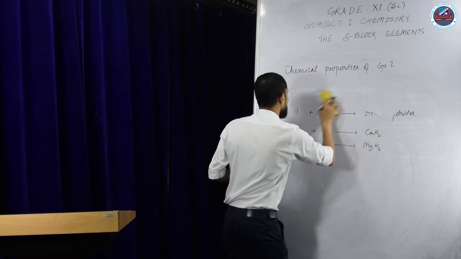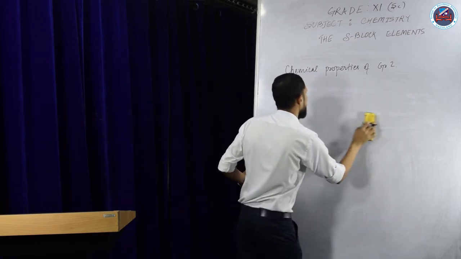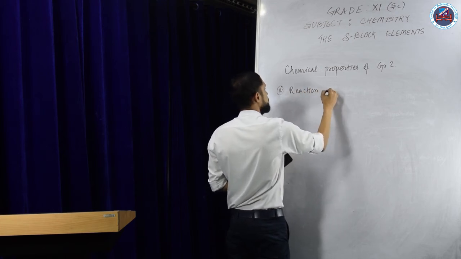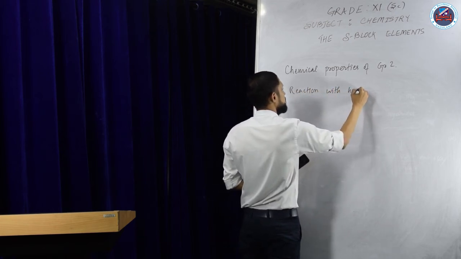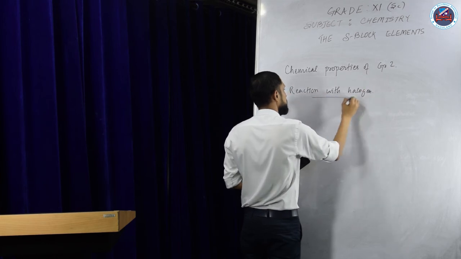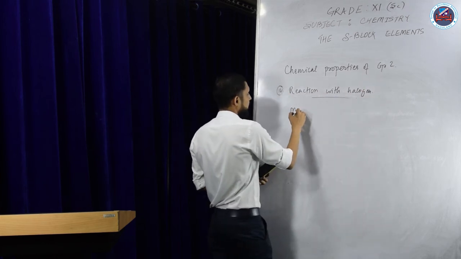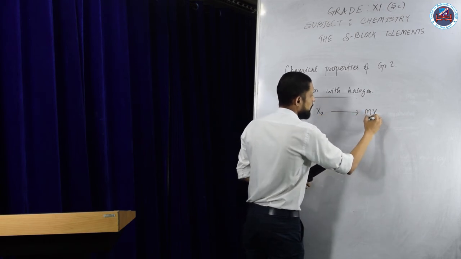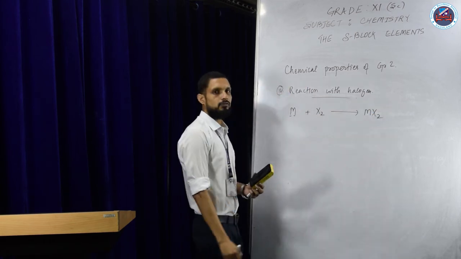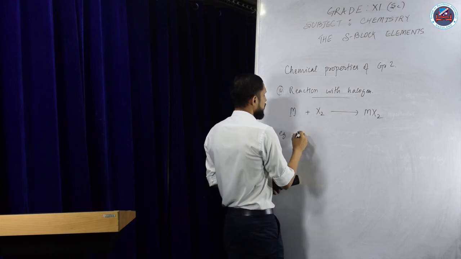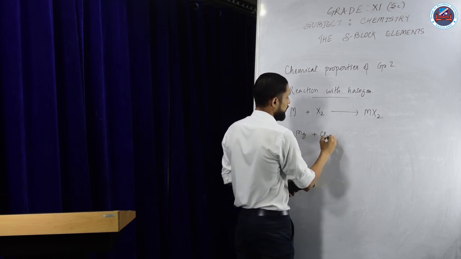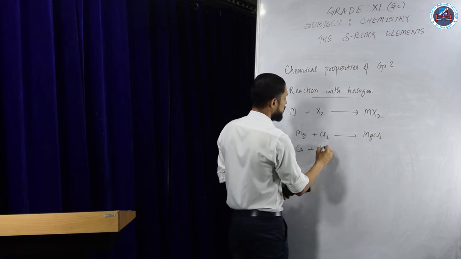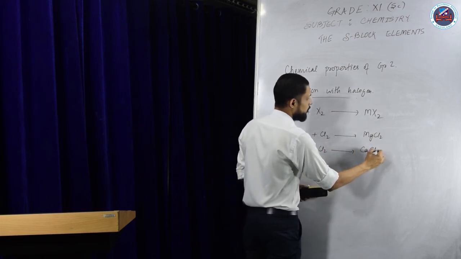Next, reaction with halogen. So alkaline earth metals react with halogen to form metal halide of the formula MX2. Say for example, if magnesium reacts with chlorine, it forms magnesium chloride. If calcium reacts with chlorine, it forms calcium chloride.